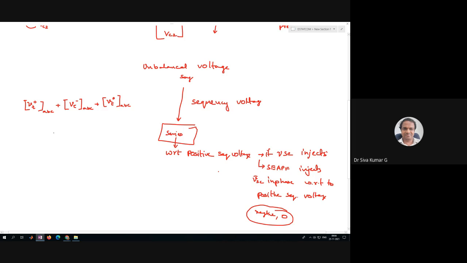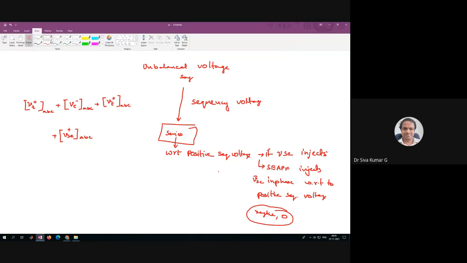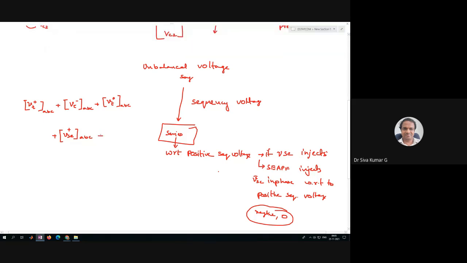Now what happened was they try to add the VSC in ABC with respect to the positive sequence voltage. With respect to the positive sequence voltage, they try to inject, and they will be having the minus of VSC negative voltages of ABC and the minus of VT0 with respect to the ABC.